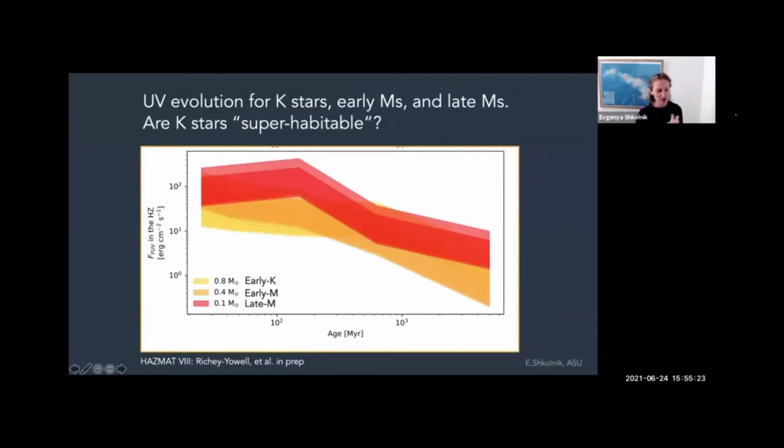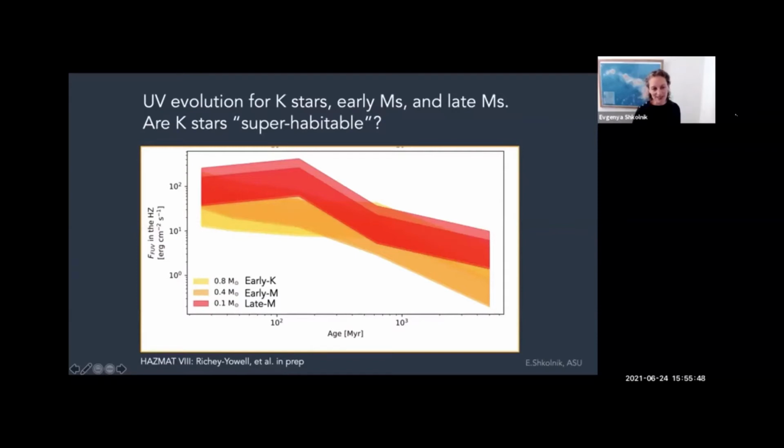So to summarize, 3 of the HAZMAT papers where we published just the early M's that I showed you. We also have one that has the early M's and the late M's, and then there's a summary one that's now coming out by my graduate student, Tyler Ritchie-Yowell. And she calculates here what is the far UV flux in the habitable zone for each of these spectral type bins.